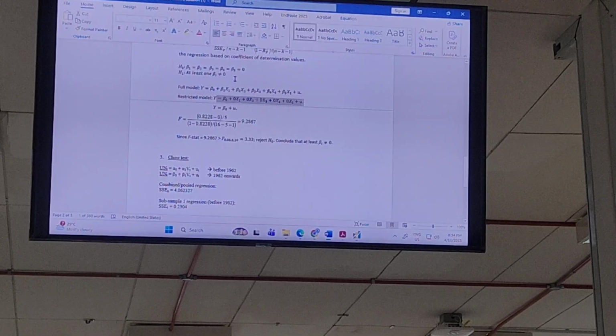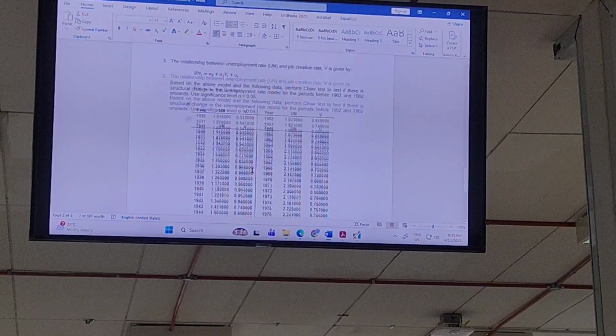We do not know which one, because this is a joint statistic. If we reject, we can only say that at least one of them is not equal to 0, but we do not know which one. In order to know which one, you have to perform individual tests, one by one, using the t statistic: beta 1 equal to 0, beta 2 equal to 0, and then beta 3 equal to 0.